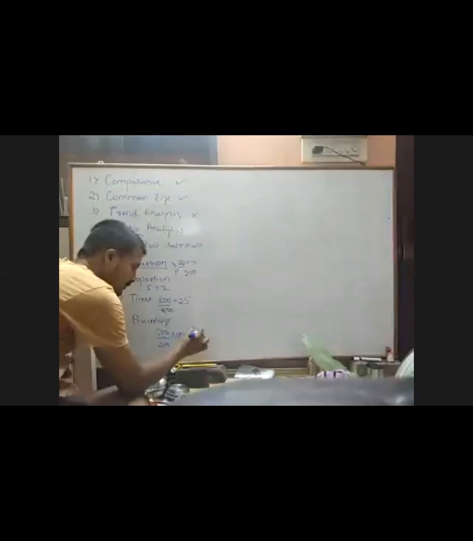That becomes 250%. How it can be quoted? It can be said as the sales is 250% of profit. Okay, the sales is 250% of profit. This is one more way of interpretation. Okay, hope all of you have understood.